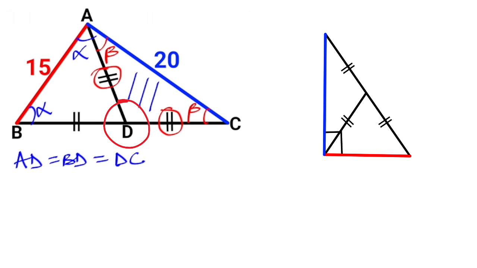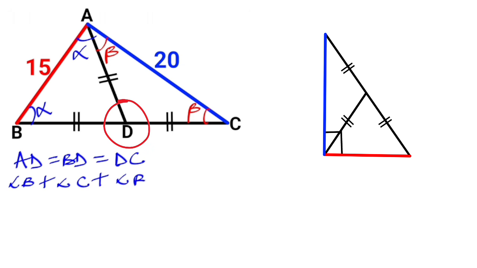Now, let's use the fundamental rule that all interior angles of a triangle add up to 180 degrees. It follows that angle B plus angle C plus angle BAC is equal to 180 degrees. Angle B is equal to alpha.